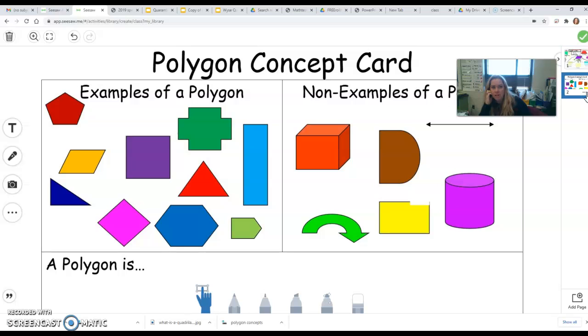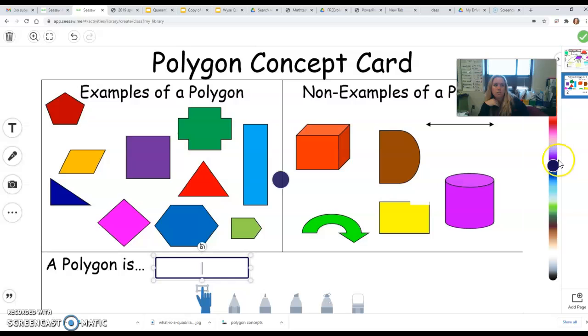Now polygons we talked about yesterday. A polygon is a flat shape, so it's not going to be 3D.